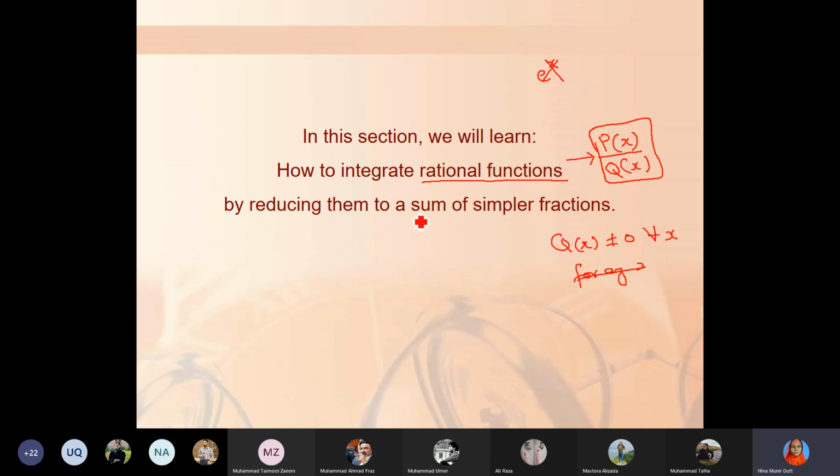And reducing them to simpler fractions, what are we going to do? We will write rational functions as a sum of simpler fractions, and those simpler fractions are called partial fractions.